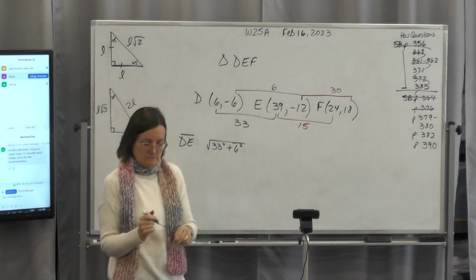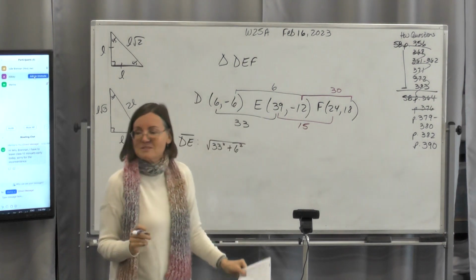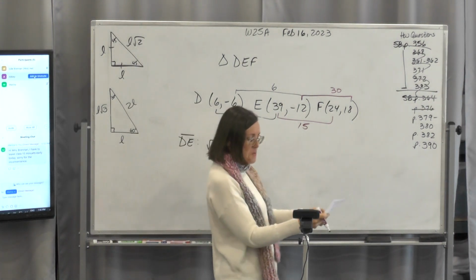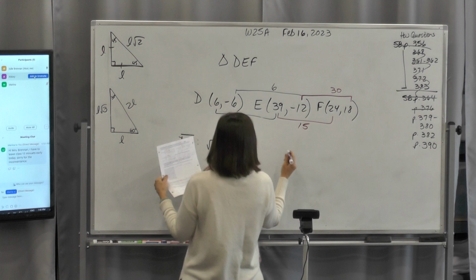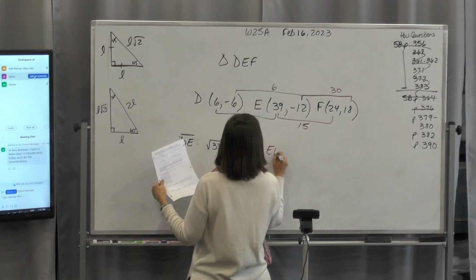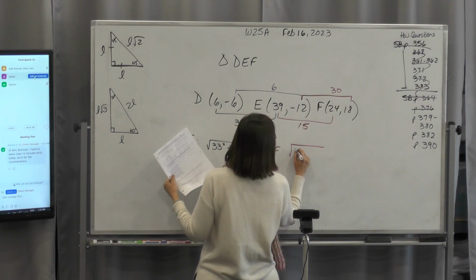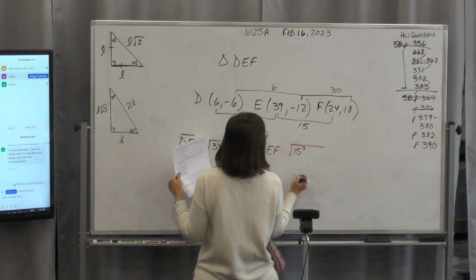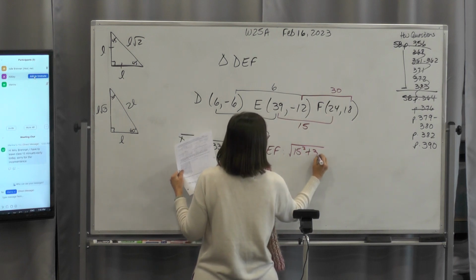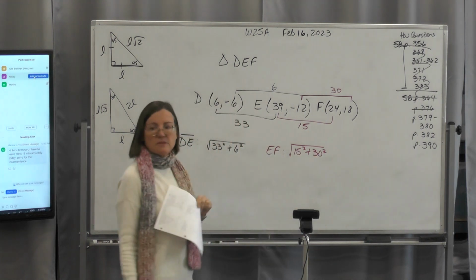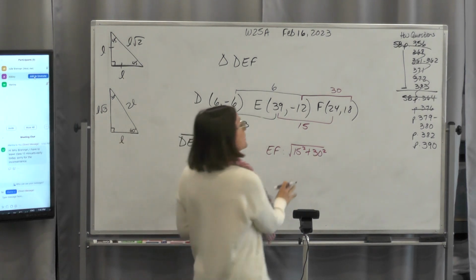So it's 15, 30. If I was doing slope, it would be 2, but I'm not doing slope. So this one here, EF, I'm doing distance. I'm going to take the square root of 15 squared plus 30 squared. I'm just writing them out.